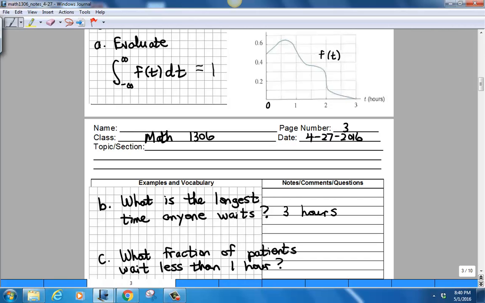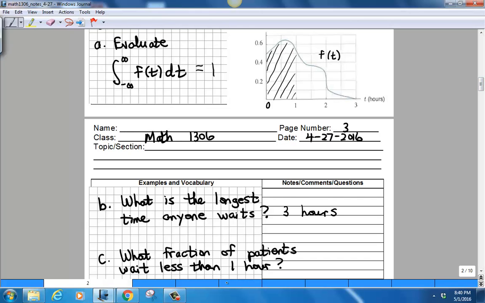So that portion of the population of patients that wait less than 1 hour, that's going to correspond to the area under the curve here from 0 to 1. So if we can figure out what this area is underneath this curve from 0 to 1, that would tell us the fraction of the patients that wait at most 1 hour, or less than 1 hour.